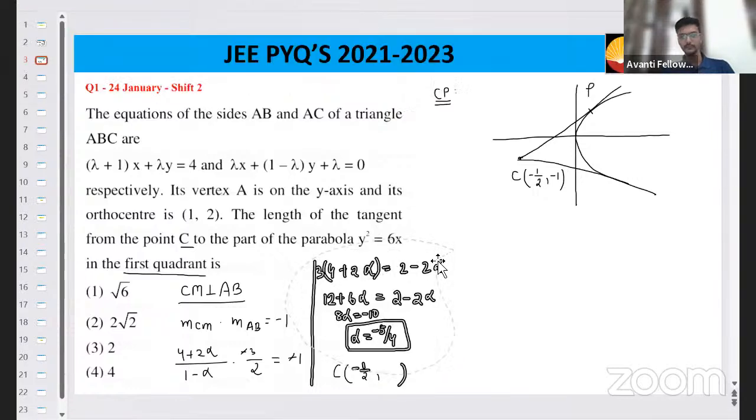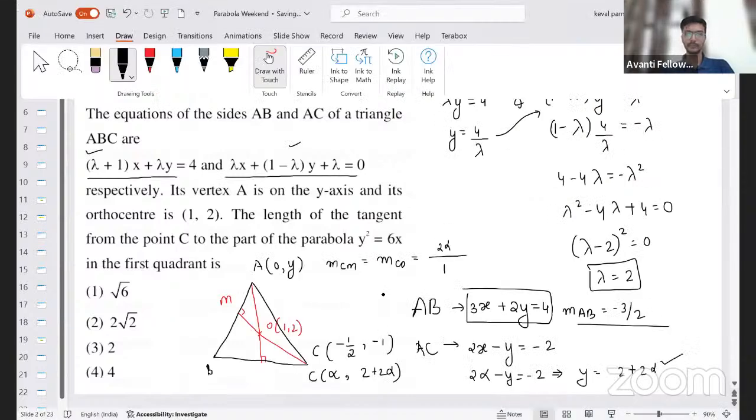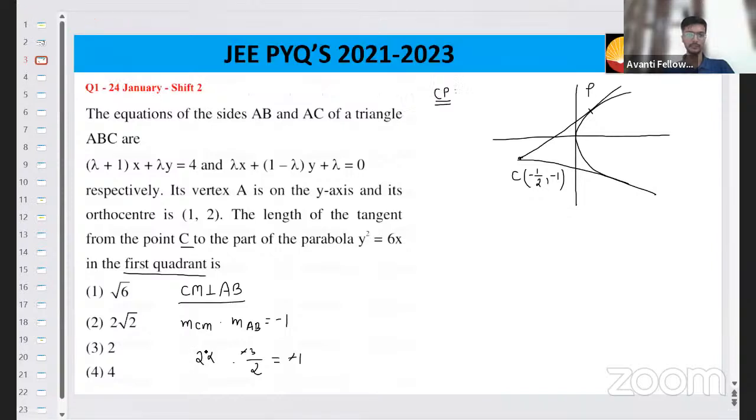Let me cancel this. Sorry. Yes, the slope of CM will be 2 alpha only. So 2 alpha into minus 3 by 2. The 2 and 2 will also get cancelled. So I think we got the value of alpha as 1 by 3, right?